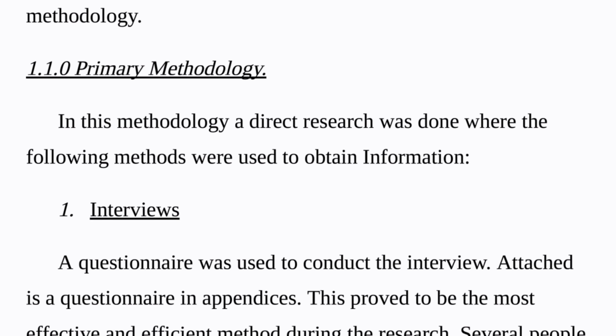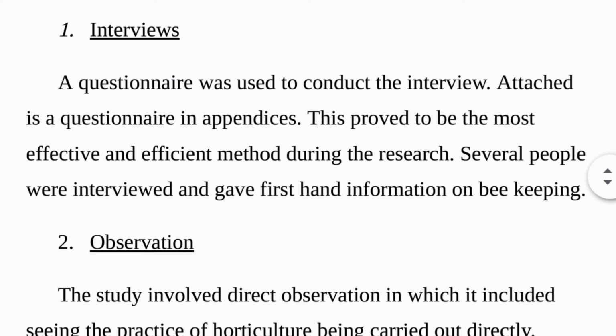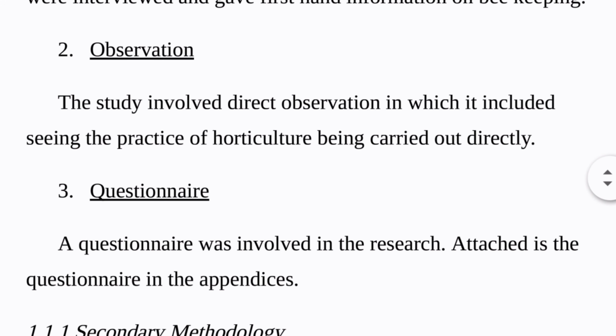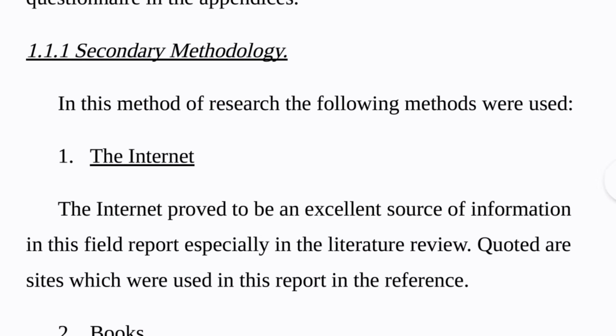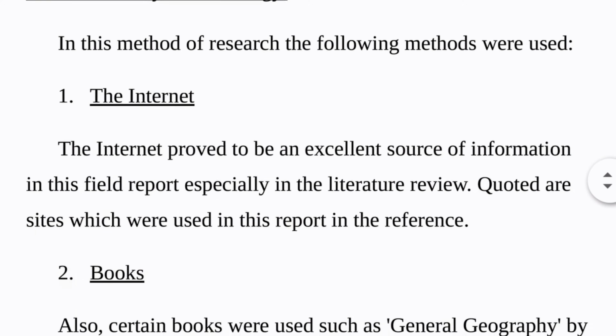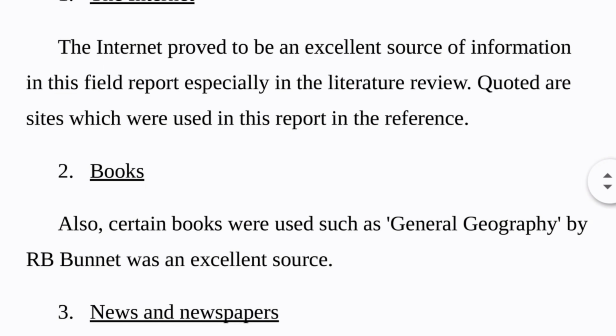In the primary methodology, information is mainly gotten in form of questionnaires, interviews, and observation of the area under study. Then on the secondary methodology, it's also easy. You obtain the information from the internet, the media, simply that.